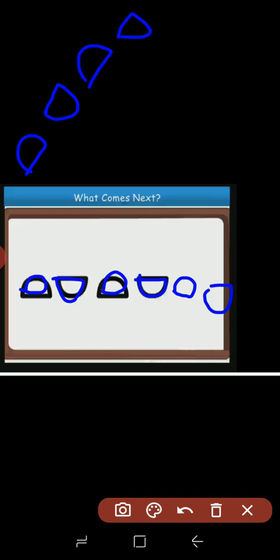Then what comes next? Yes, one is facing upward, then again one is facing down. Understood? Just like this. Understood? So this is the pattern.